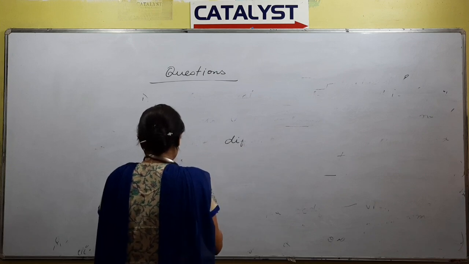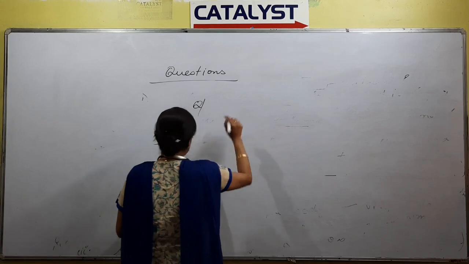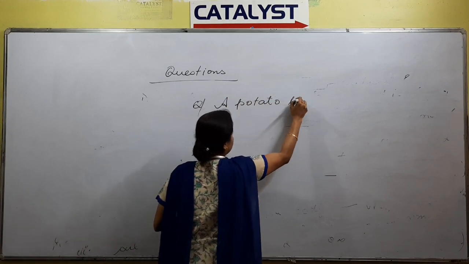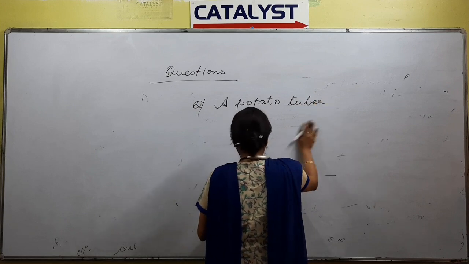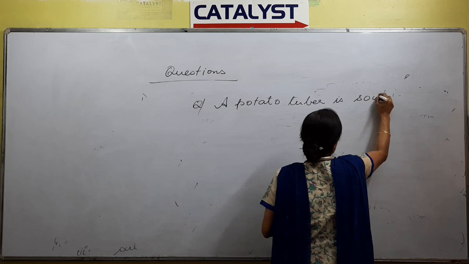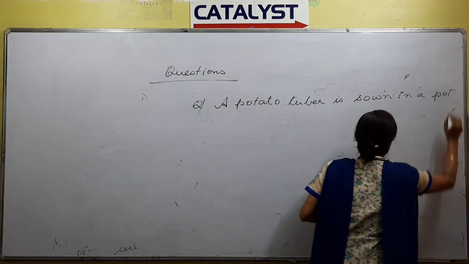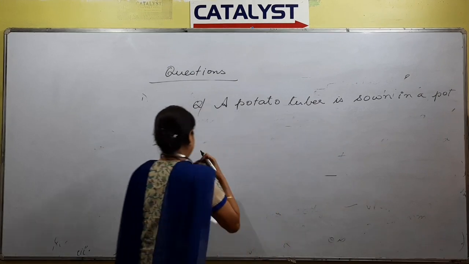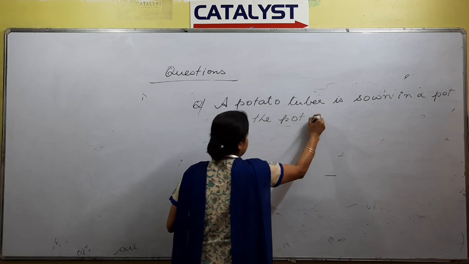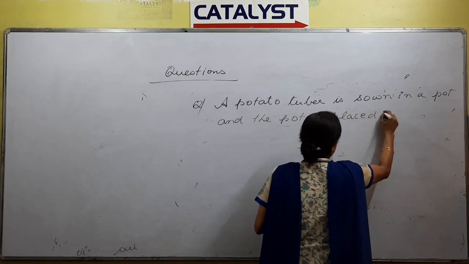Okay, the next question. A potato tuber is sown in a pot and the pot is placed in a freezer.